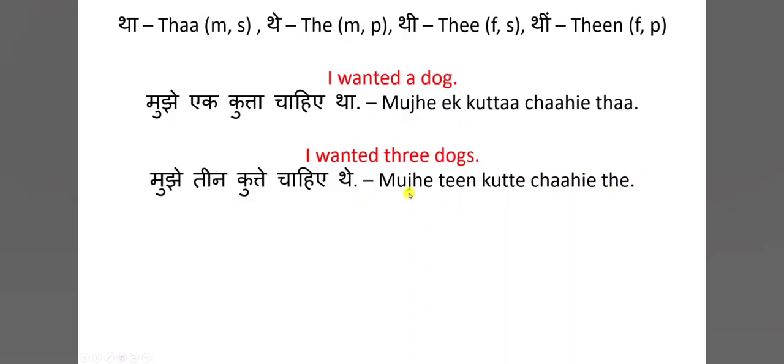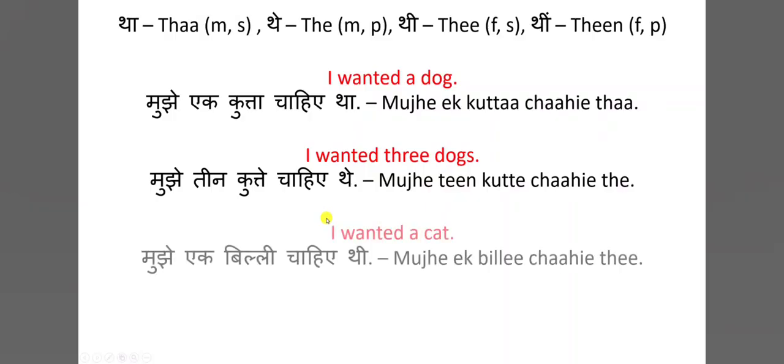Okay? मुझे चाहिए थे is I wanted or I did want. 3 is 3, kutte is dogs. The selection of the be verb does not depend on the number and gender of the subject. The subject does not matter.